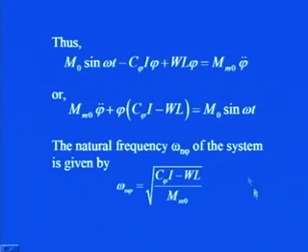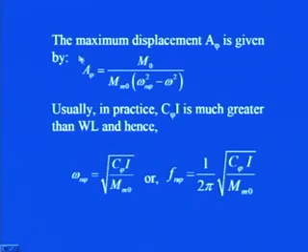So, this is how you can get the natural frequency of the system. The maximum displacement A phi is given by M naught divided by M_mo into omega n phi square minus omega square.